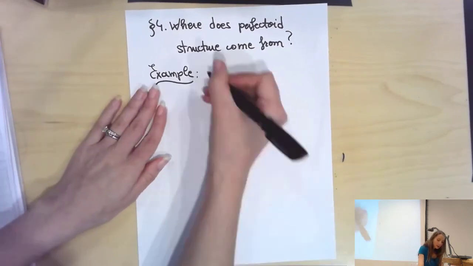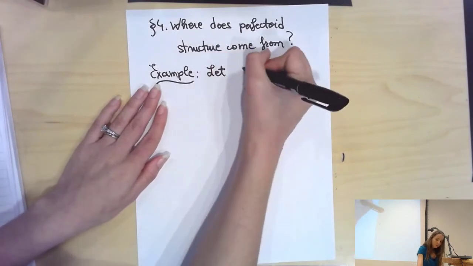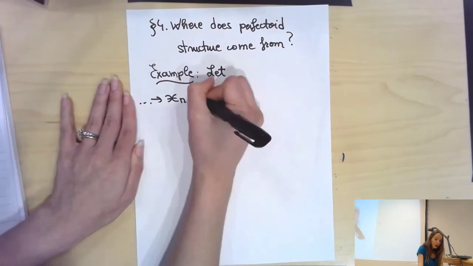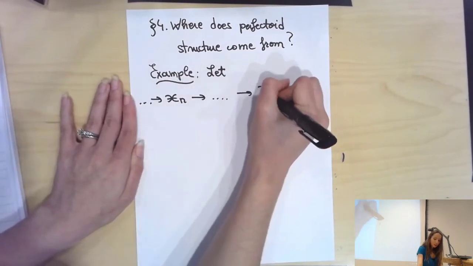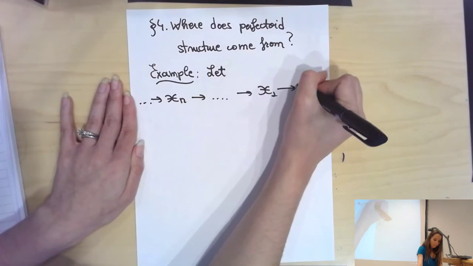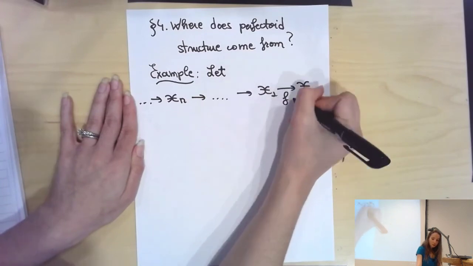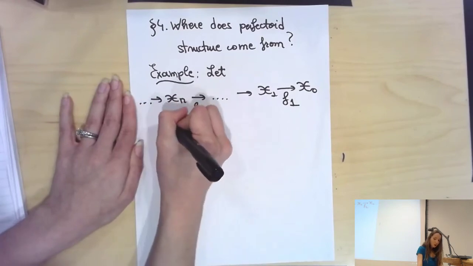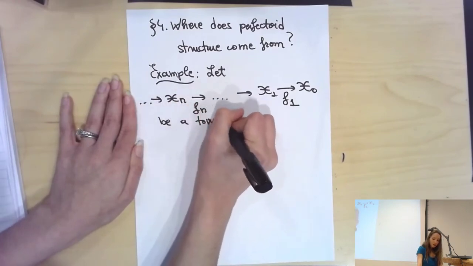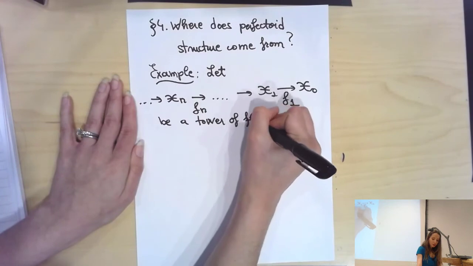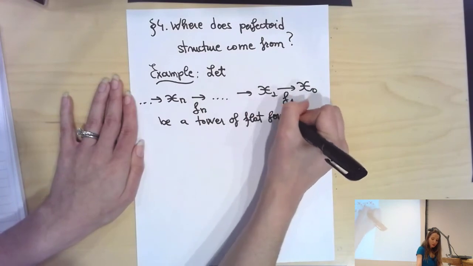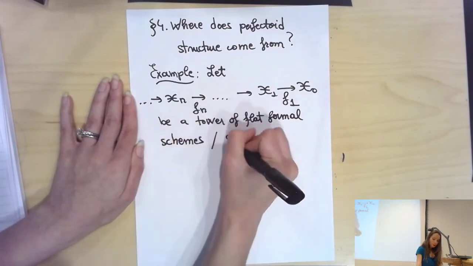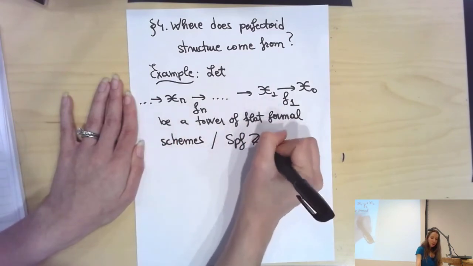So we're going to consider, say, X_n, maybe, so an infinite tower of formal schemes. I'm going to call this F_n, be a tower of flat formal schemes over the ring of integers in Qp cyclotomic.